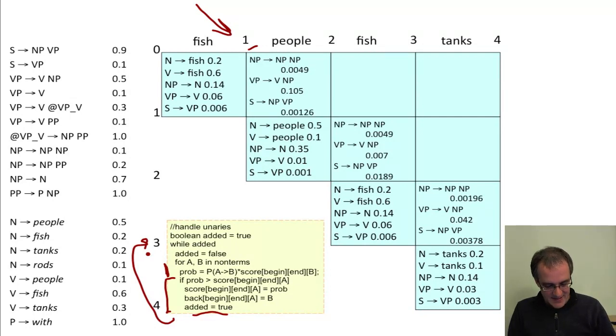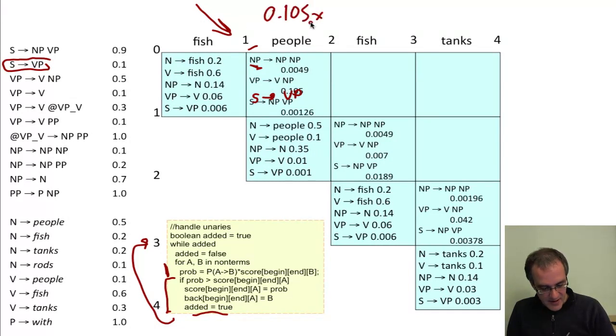So in this particular case, there are no unary rules that have NP on the right-hand side, so we can't do anything there. But there is a unary rule that has VP on the right-hand side, and so we discover that there's another way that we can make an S, where we make an S goes to VP. And well, the probability of that is actually going to be 0.105 times 0.1, which is 0.0105, which is actually a lot more than the probability of this rule.